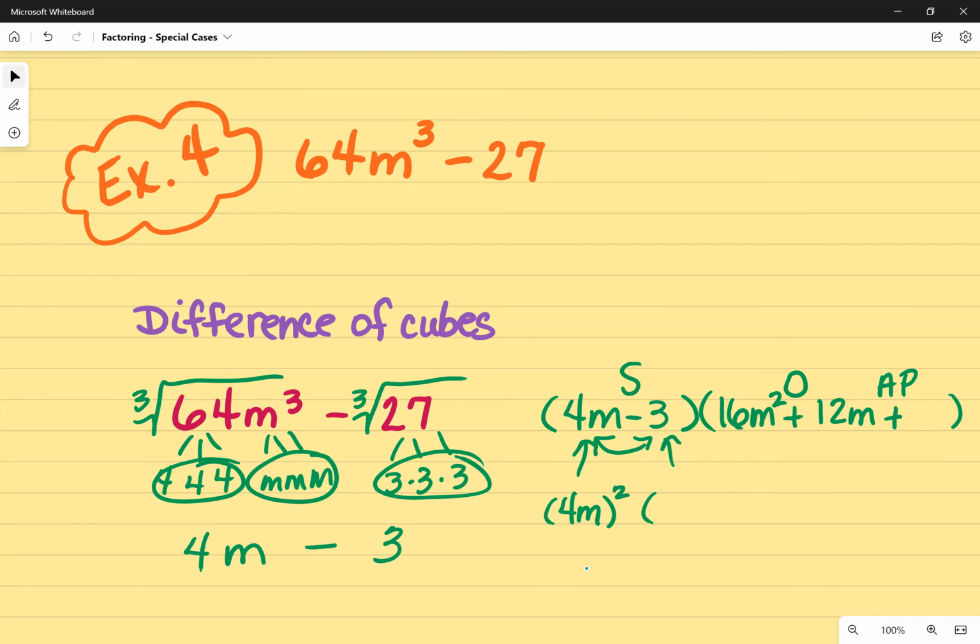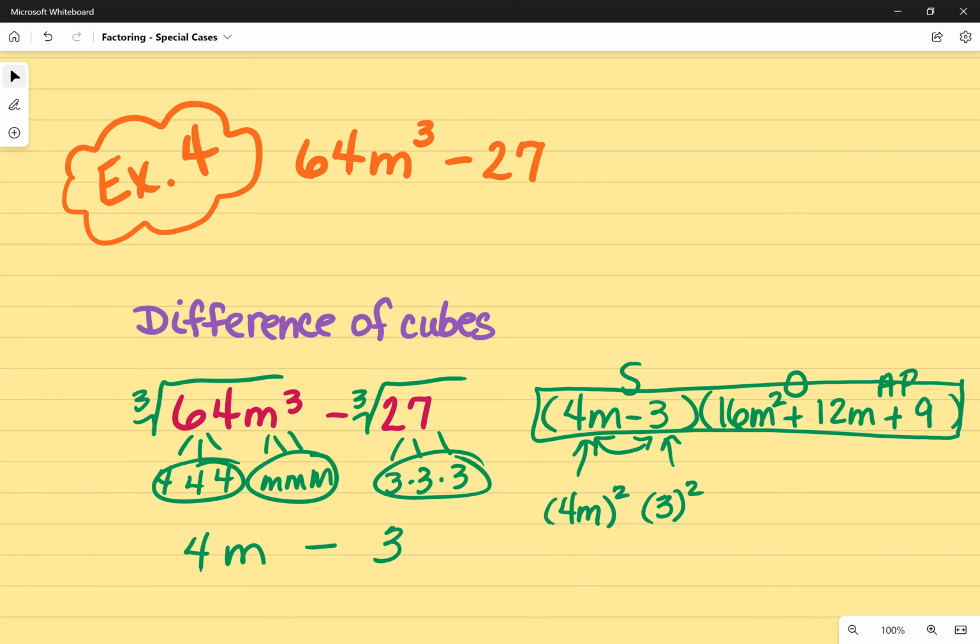And it doesn't matter if you do the -3 or if you just do 3 because it's always positive. So 3 times 3 is 9. Make sure you put that in the calculator. 3 times 3 is not 6, okay? That's a common error. So my final answer is going to be the quantity of 4m minus 3 times the quantity of 16m squared plus 12m plus 9.